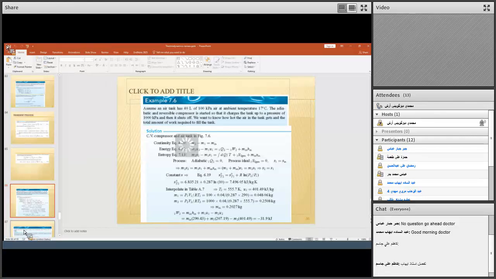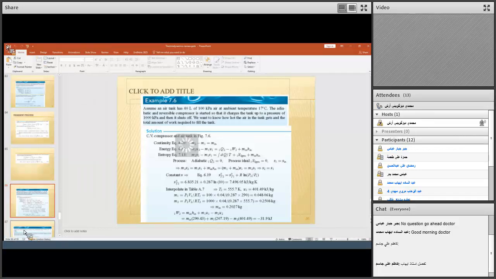According to the assumption of the problem, the compressor is adiabatic and reversible. So due to the adiabatic process, Q between state 1 and state 2 is 0. The process is reversible, so the entropy generation between state 1 and 2 is 0.